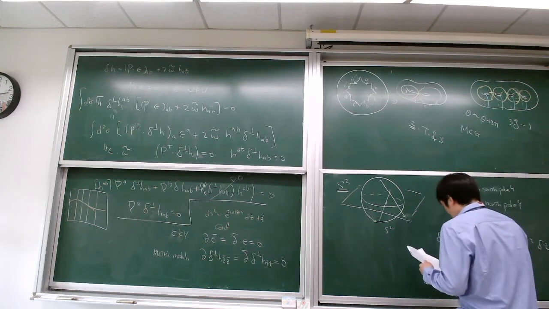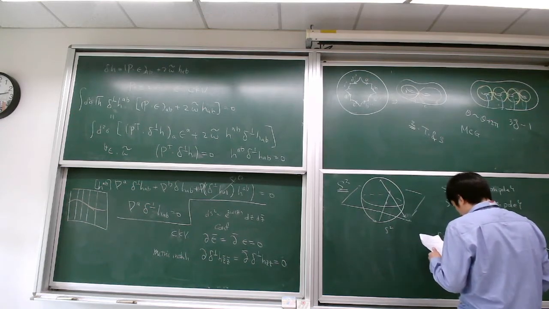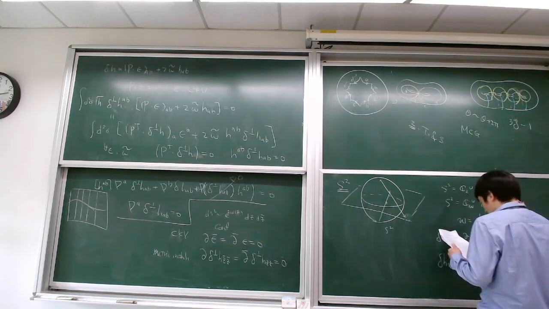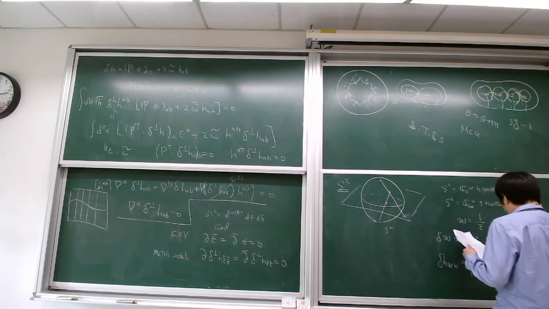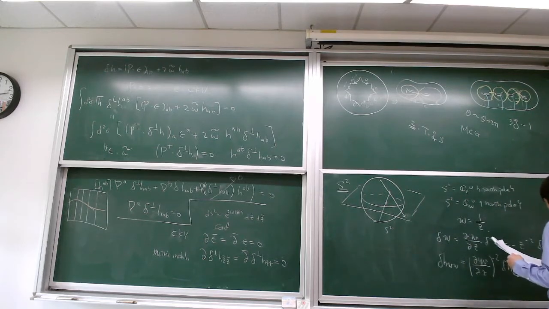And also under this transformation, the infinitesimal metric change is given by delta h_ZZ. Okay, so this is the coordinate transformation on the Z patch.